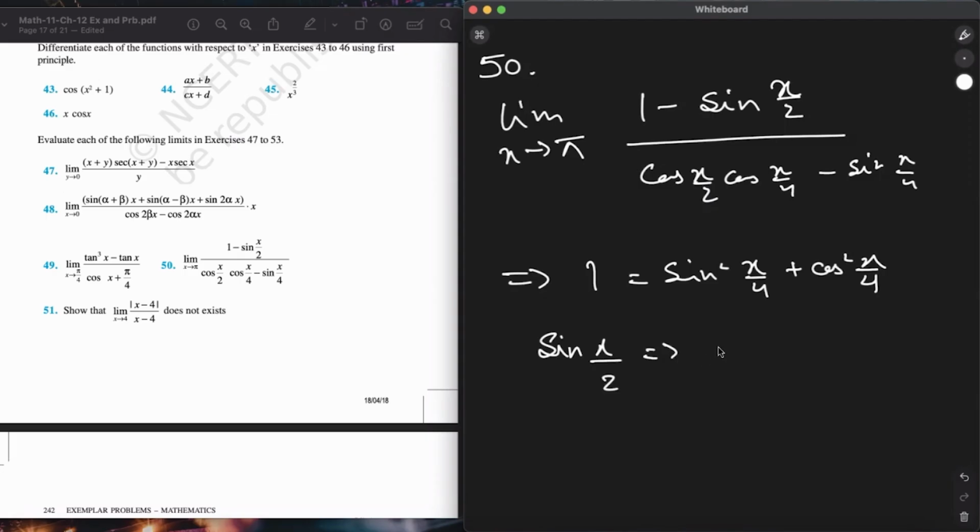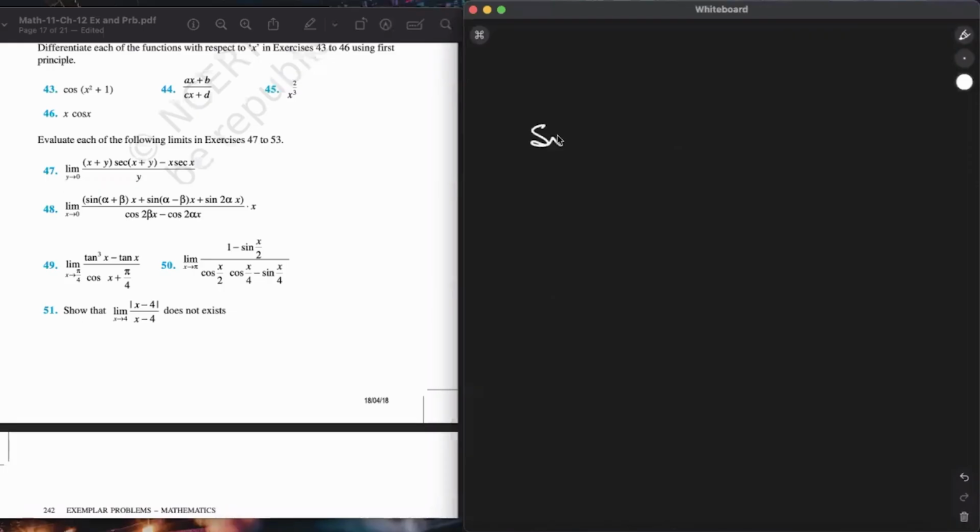It will be 2 sin x by 4 cos x by 4. Simple. So if I just put in these values over here, I'll be left with sin square x by 4 plus cos square x by 4 minus 2 times sin x by 4 and cos x by 4.